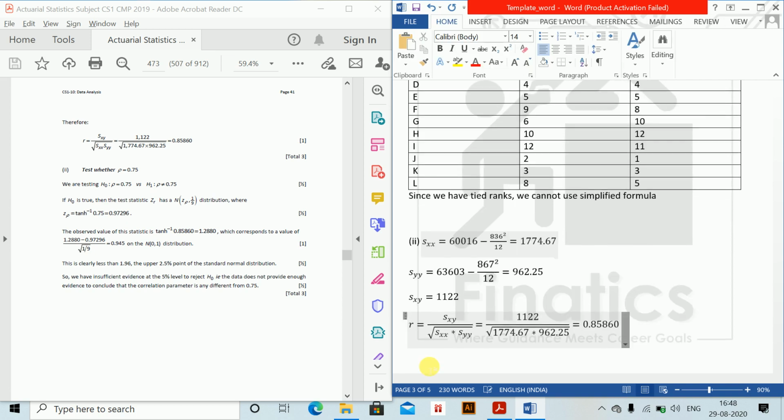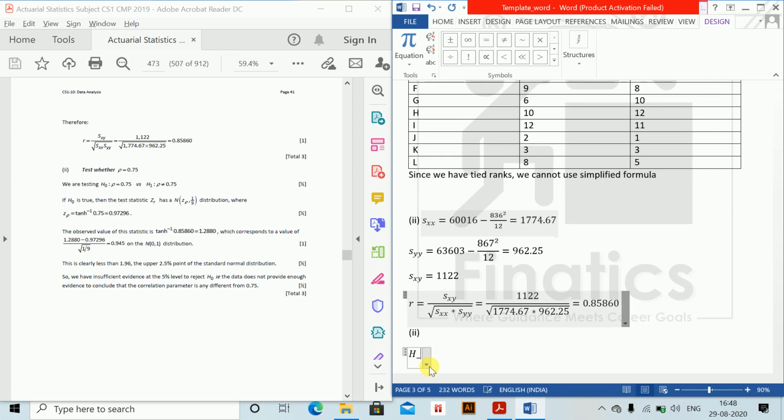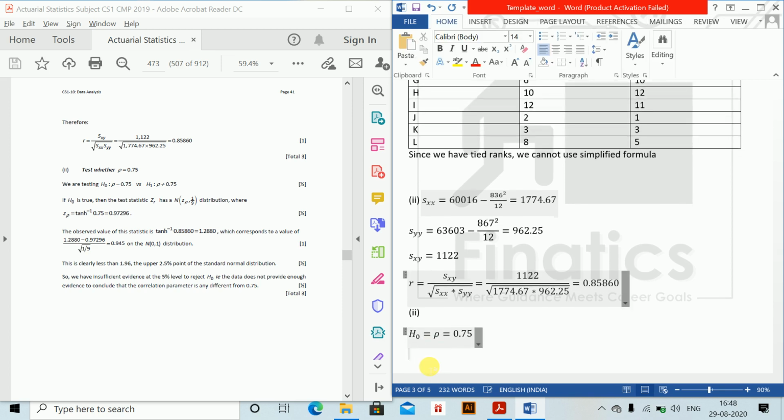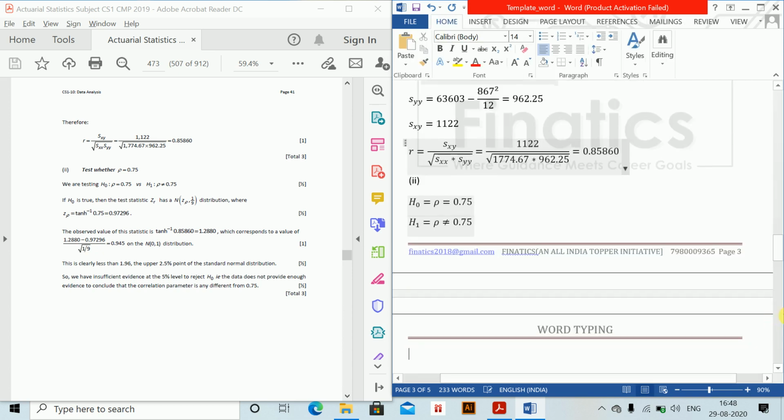Okay, and then testing we need to do, test whether this is there. So H0: rho = 0.75, and H1: rho ≠ 0.75. Two-sided test again.